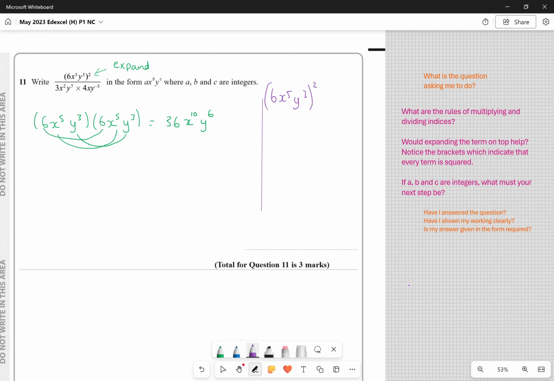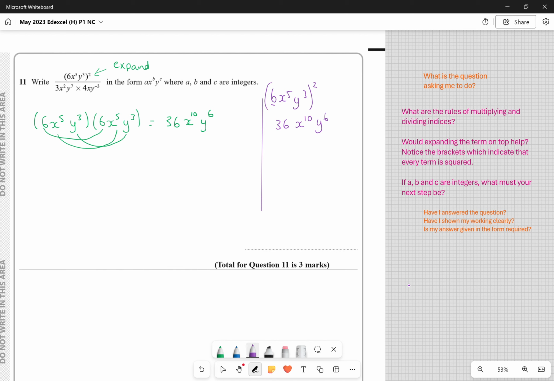So 6 squared is 36. 5 times 2, because the 2 is outside the bracket, it's the power 5 raised to the power 2. So 5 times 2 is 10, so x to the 10. And then y, 3 times 2, y to the 6. You'd still get the same answer. It's just a different way of writing it out, depending on which you're more comfortable with.